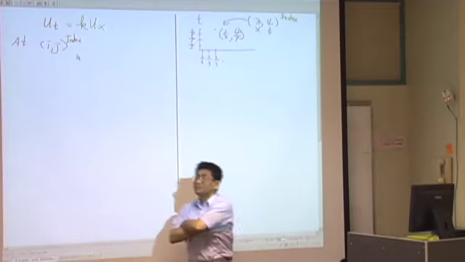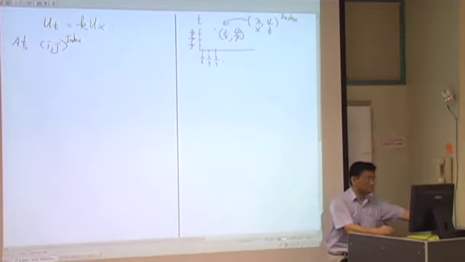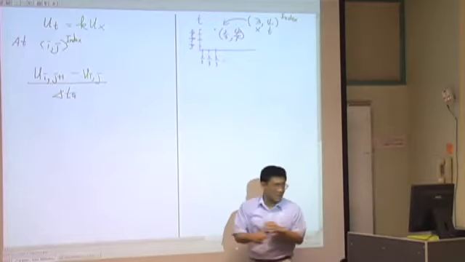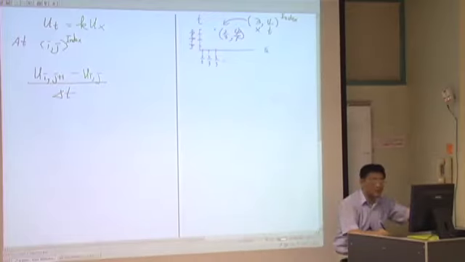Index-wise ij position, then ut can be replaced by u sub i, j plus 1 minus u sub ij over delta t, whatever delta t I may choose. Later I will pick delta t. So in this case, what is delta t? 1/5, right?